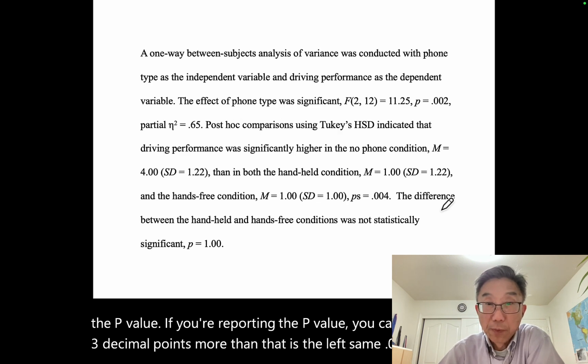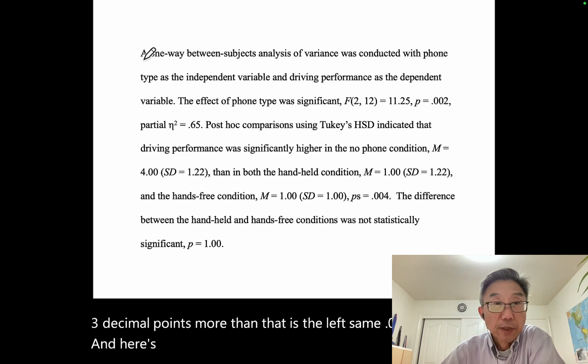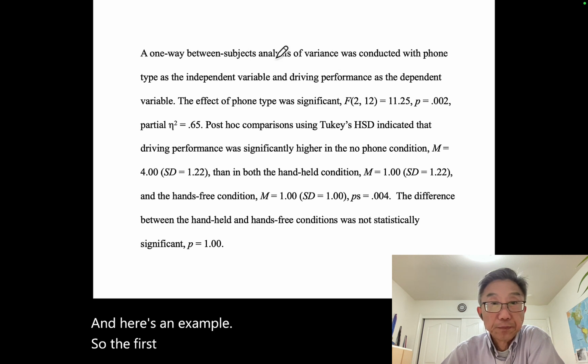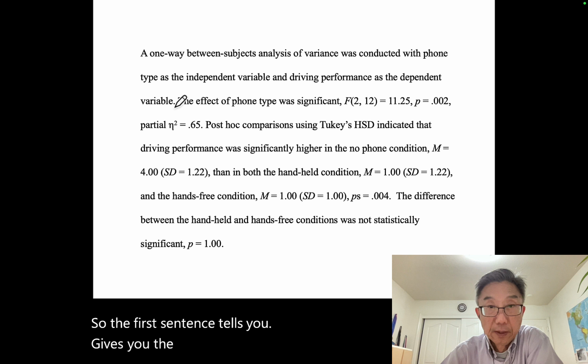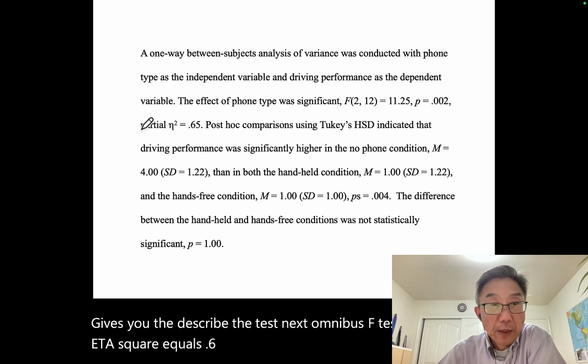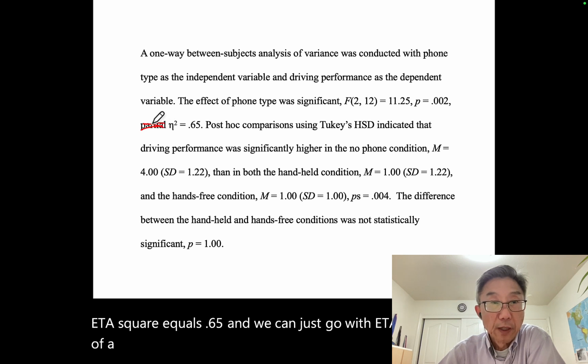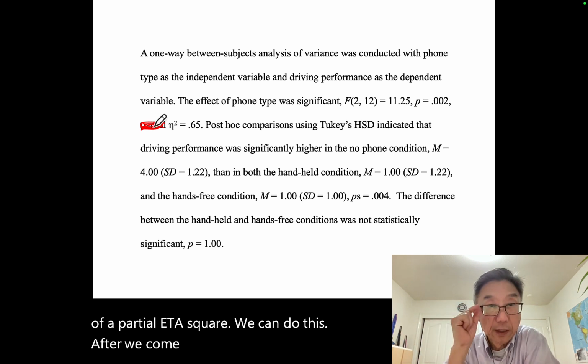And here's an example. So the first sentence describes the test. Next, the omnibus F test. So F, p-value, eta squared equals 0.65. And we can just go with eta squared instead of a partial eta squared.